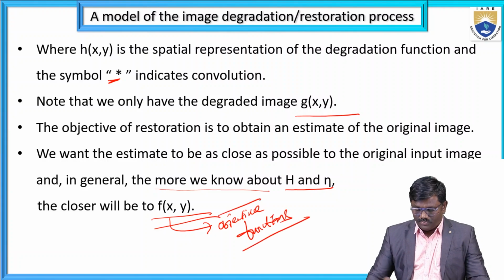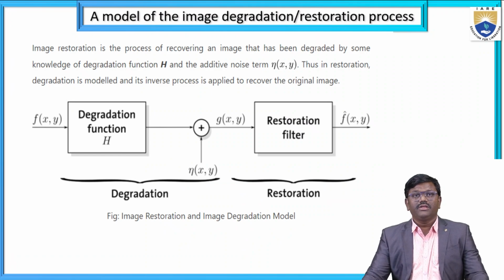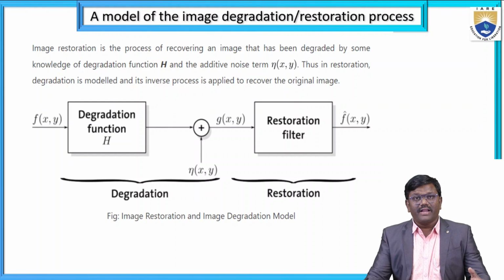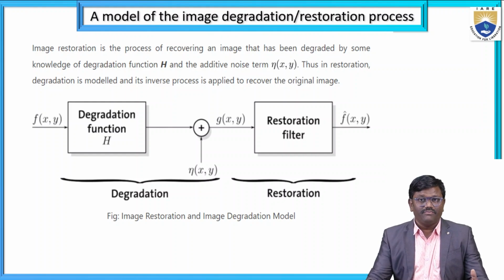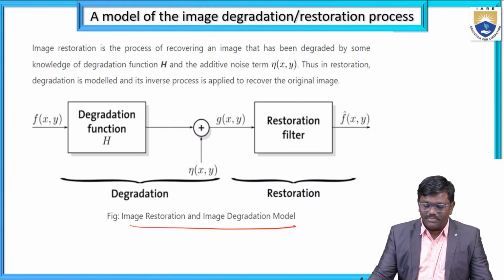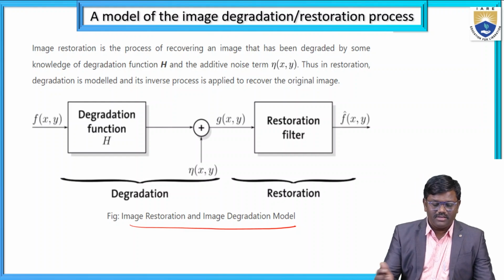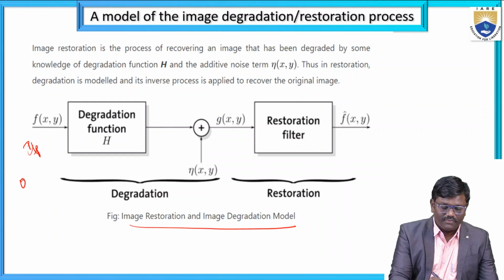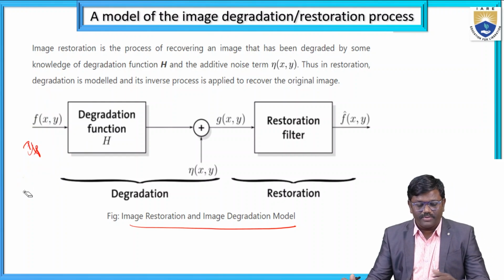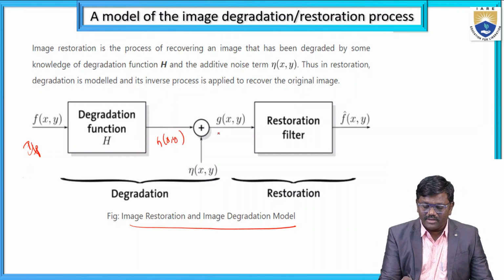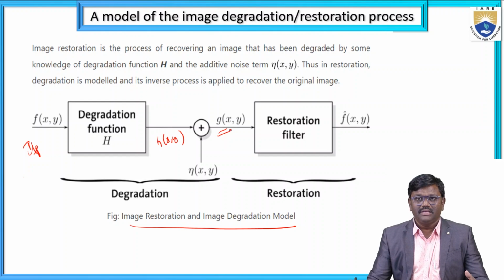So far we understand the basic fundamentals of image restoration in terms of image degradation. Now let us understand it in terms of a functional block diagram, which we call the image degradation and restoration model. The input function f of x comma y passes through h of x comma y, and based on that we get g of x comma y, the degraded image.